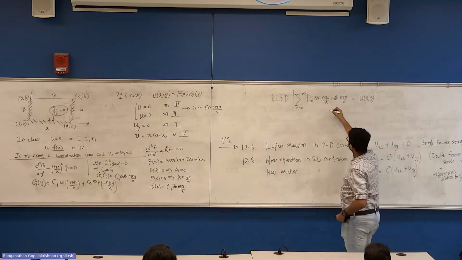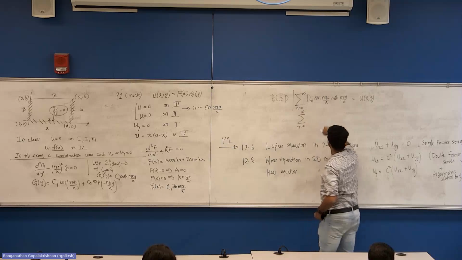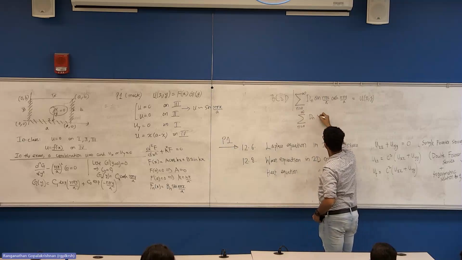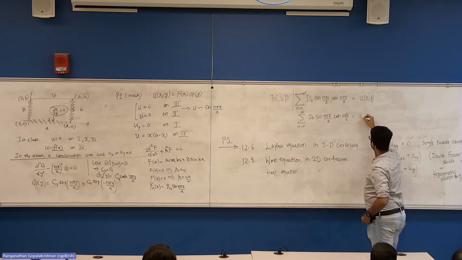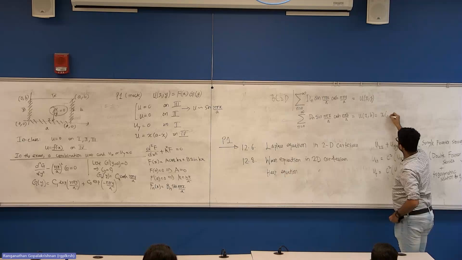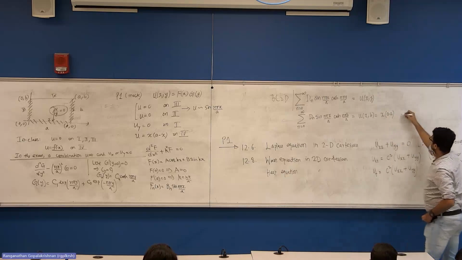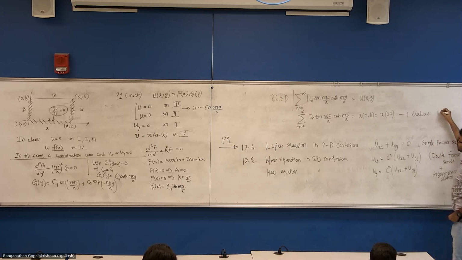So we'll write summation n equal to 0 to infinity dn sine n pi x over a cos h n pi b over a equal to u of x comma b, which is given as x times a minus x. So then evaluate dn's.